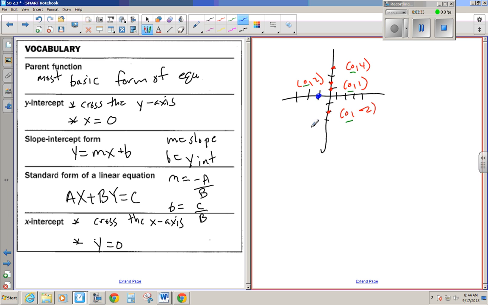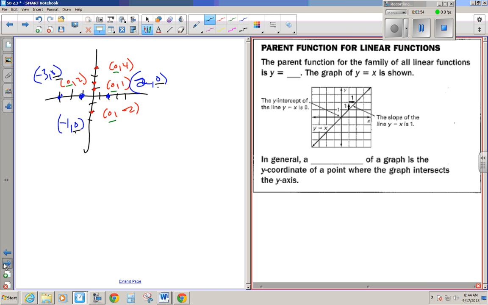Here's a point. That point is (negative 1, 0), (negative 3, 0), (negative 2, 0), or (2, 0), I mean. And you should see then that 0 in the y, 0 in the y, 0 in the y. So please remember those.